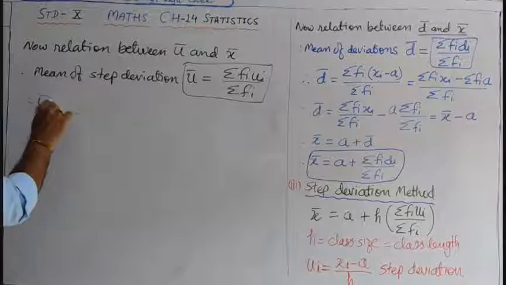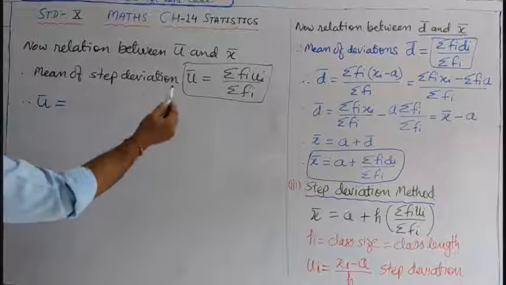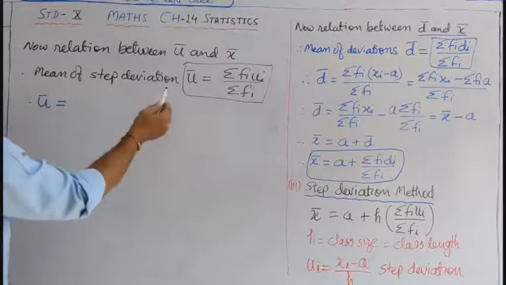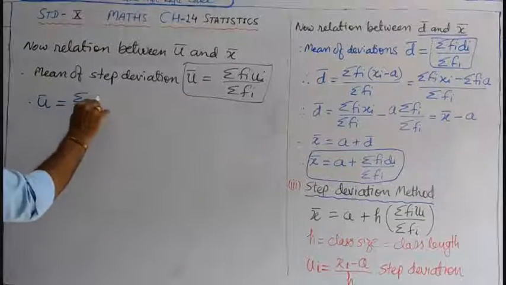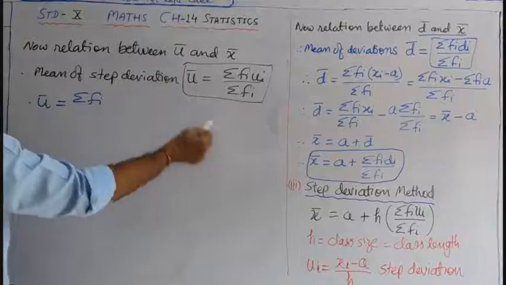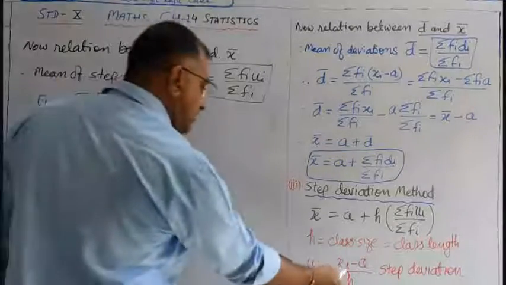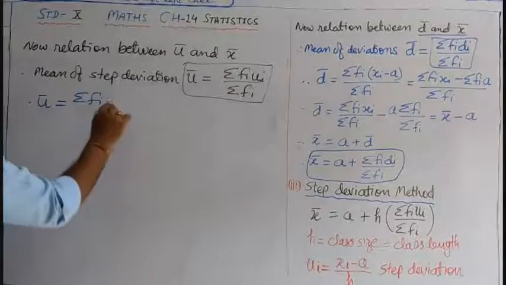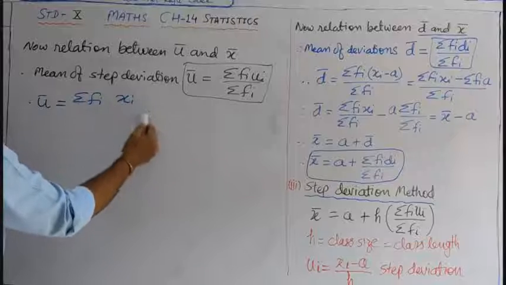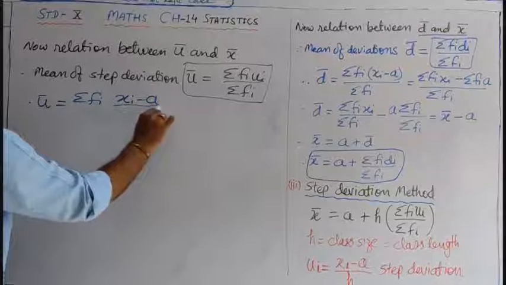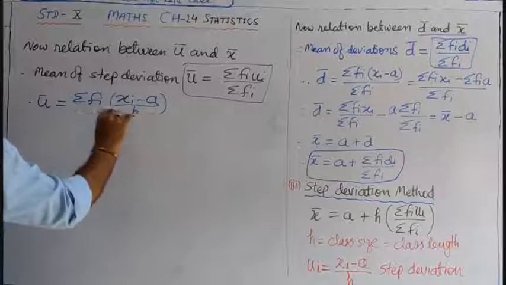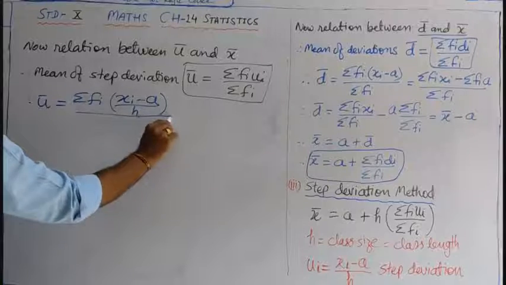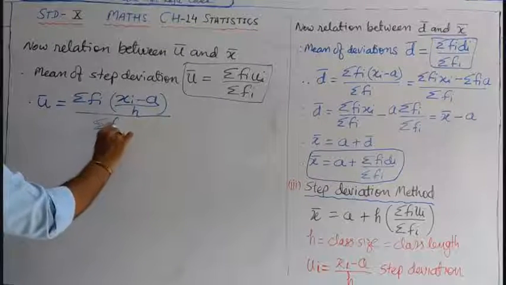Therefore u bar is equal to, here we will substitute this value sigma fi ui. So already we have written ui is equal to xi minus a divided by height. So fi multiplied by this divided by sigma fi.